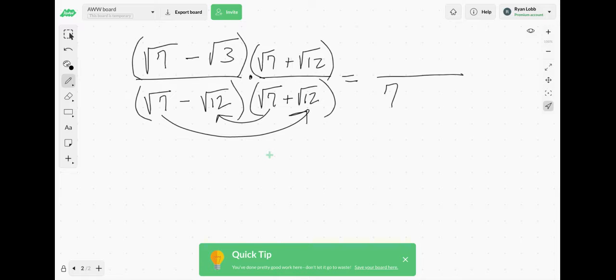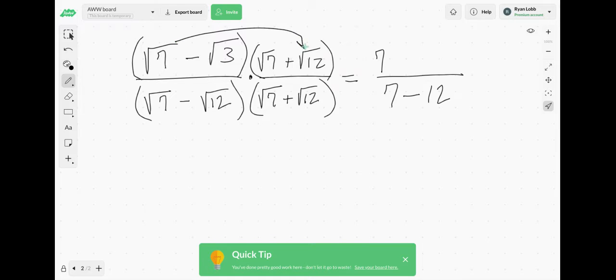Positive square root of 84 minus the square root of 84. And then last we have a negative square root of 12 times a positive square root of 12, which obviously there should be minus 12. Up in the numerator, we have the square root of 7 times the square root of 7, 7. We have the square root of 12 times the square root of 12.